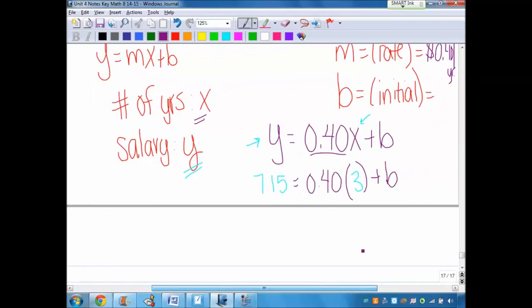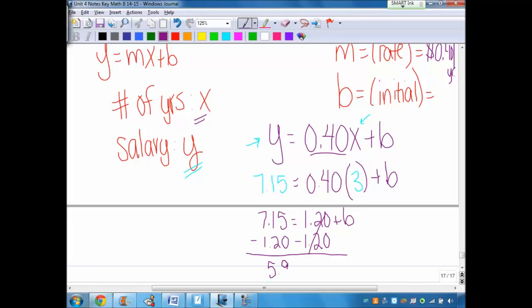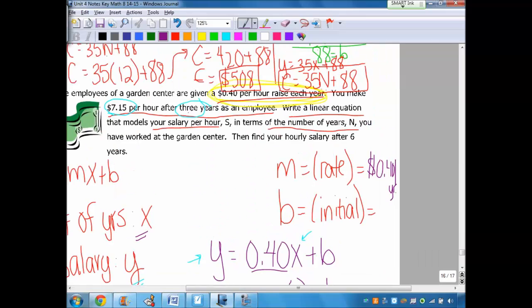So if I were to multiply 0.4 by 3, I would end up getting $7.15 equals $1.20 plus b. Now, in order to get the b by itself, I would subtract $1.20. So then you would get $5.95 equals b. So that's how much you made when you first started working there. So your initial amount is $5.95.